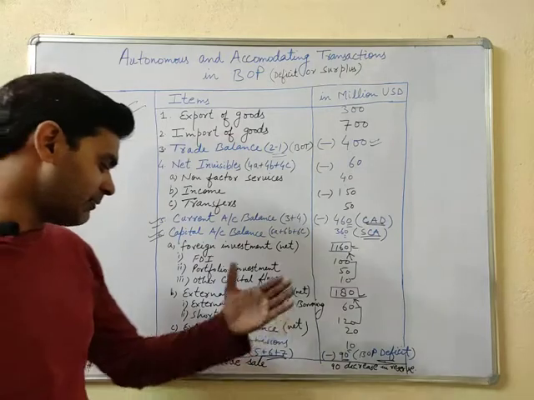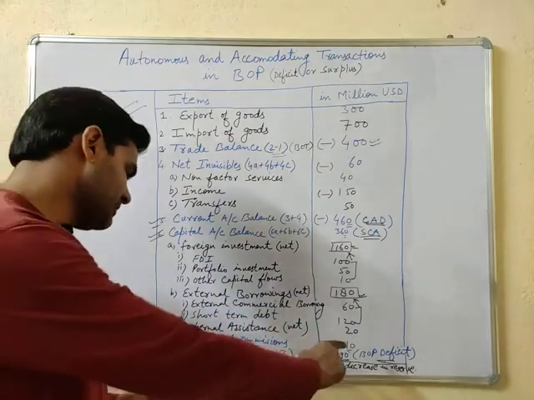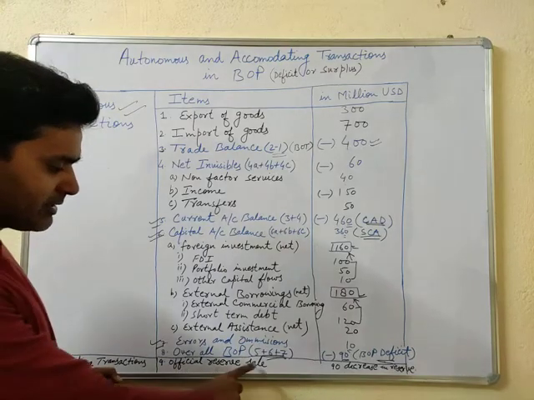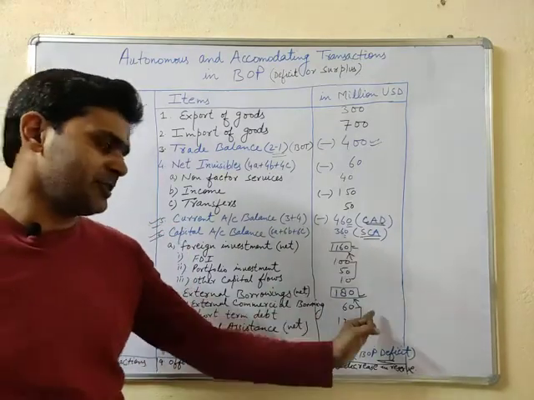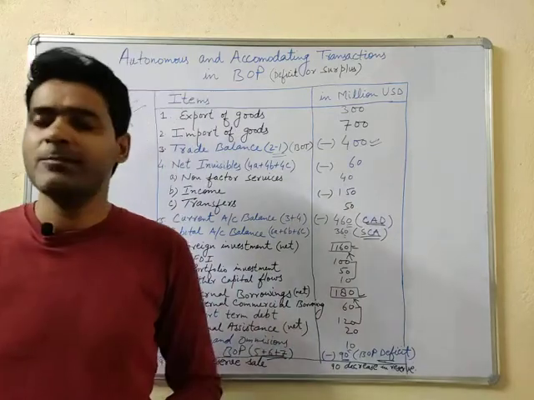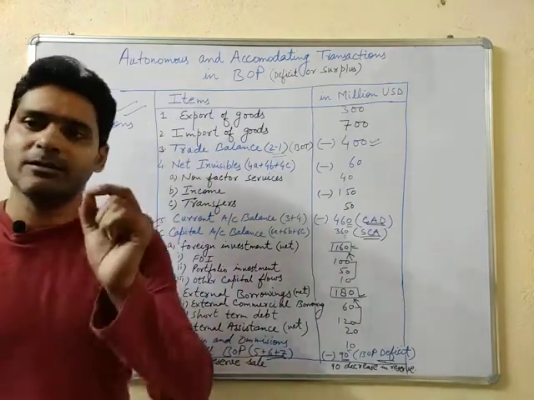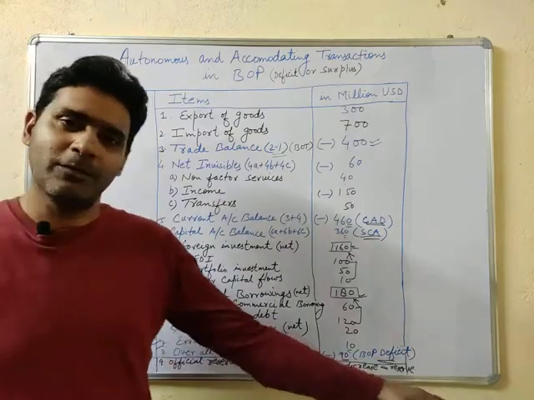The Reserve Bank will sell its official reserve. That is why I have written here at point 9, official reserve sale. It will sell its official reserve if the country's BOP is in deficit, as is the case over here. So the Reserve Bank will sell its official reserve in the international market and then balance the balance of payment.